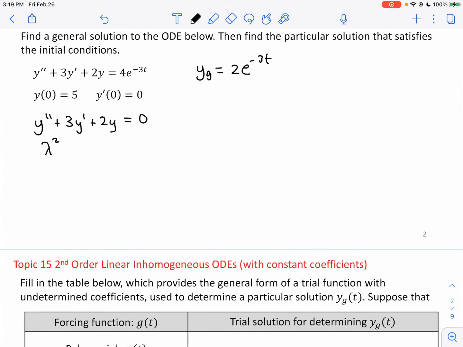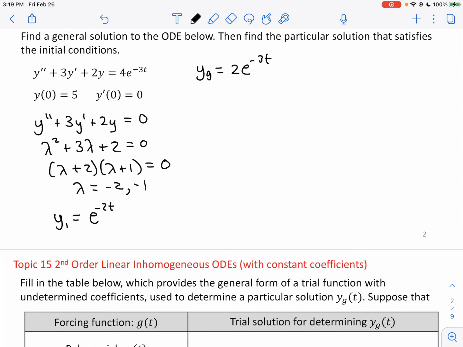Well, the characteristic polynomial will be lambda squared plus 3 lambda plus 2 is equal to 0, which factors as lambda plus 2 and lambda plus 1, which gives us two roots, negative 2 and negative 1. So that means our y1, our first solution, is e to the negative 2t, and our second linearly independent solution is y2, which is e to the negative t. Right? So do your e to the lambda t for your two different lambdas.